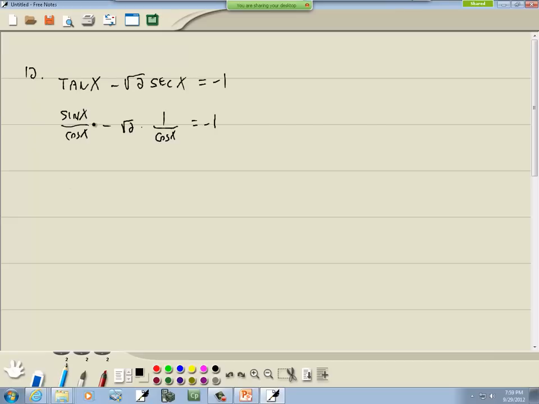Oh well. So we'll multiply everything by cosine. What you could do is leave everything in terms of tangent and secant and work it that way. Okay, so we'll multiply everything by cosine to get rid of that fraction.